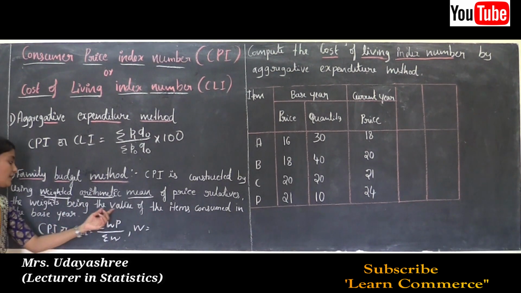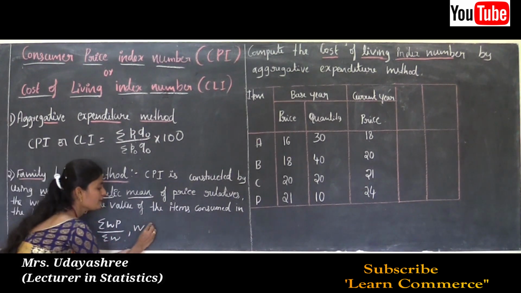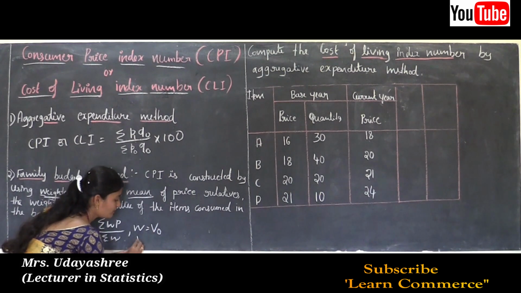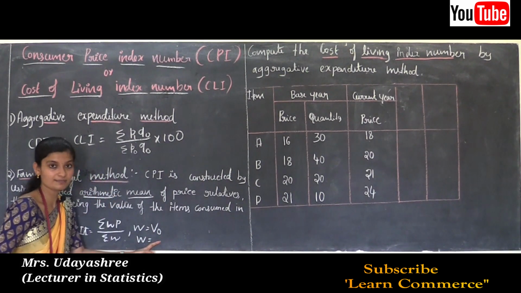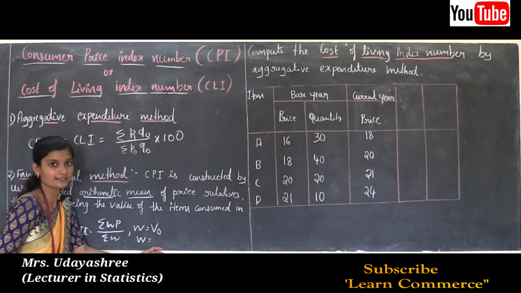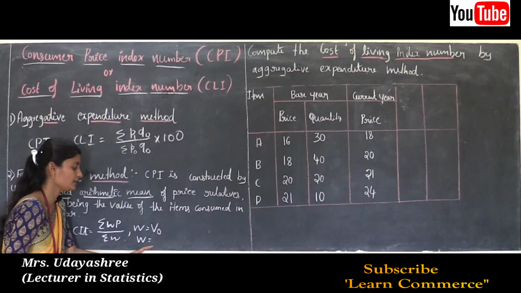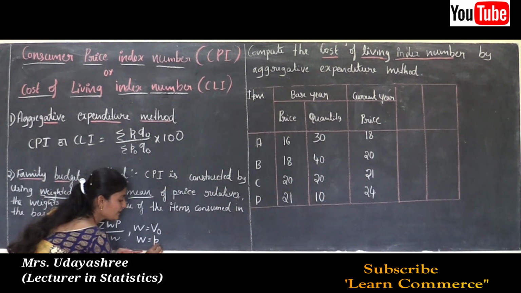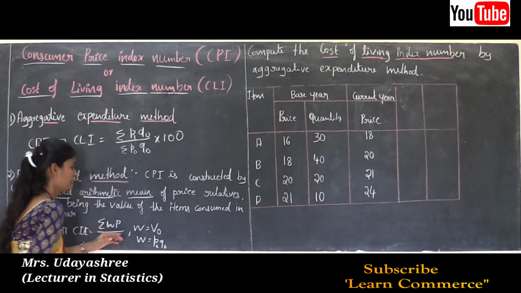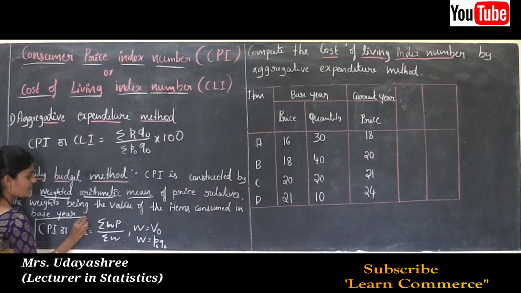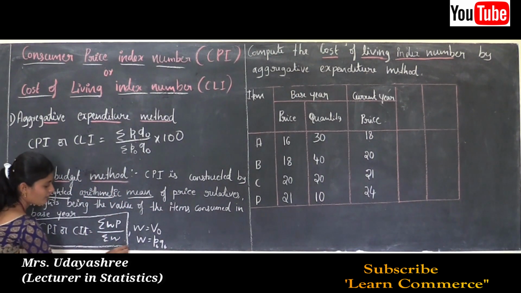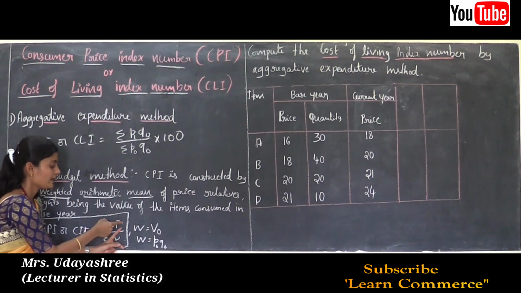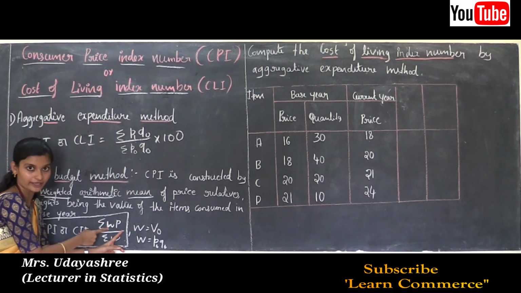We know that value of base year is denoted by V0. So W is V0, the multiplication of base year price and base year quantity. So W is equal to P0 into Q0. Here price relatives are given along with weight.